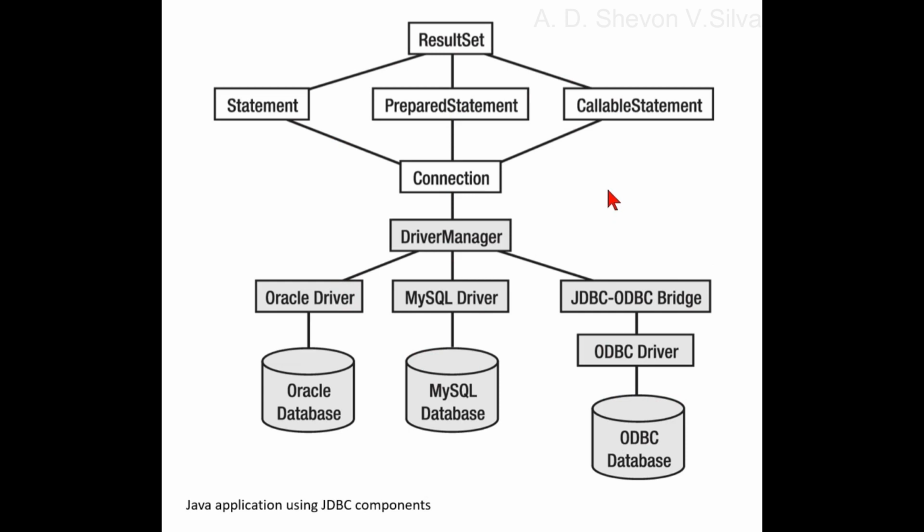This figure illustrates how a Java application uses JDBC to interact with one or more relational databases such as Oracle and MySQL without knowing about the underlying JDBC driver implementations. This figure exposes the core JDBC classes or interfaces that interact with Java JDBC applications.